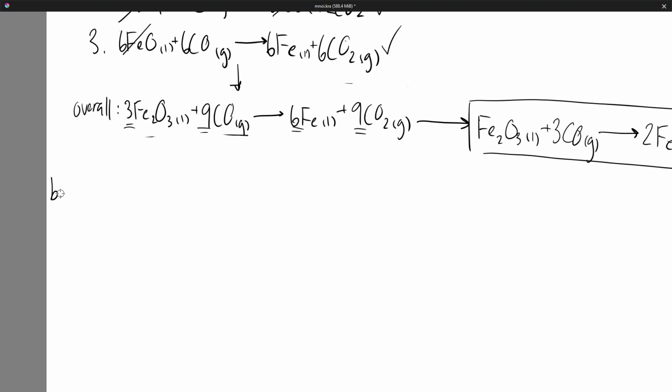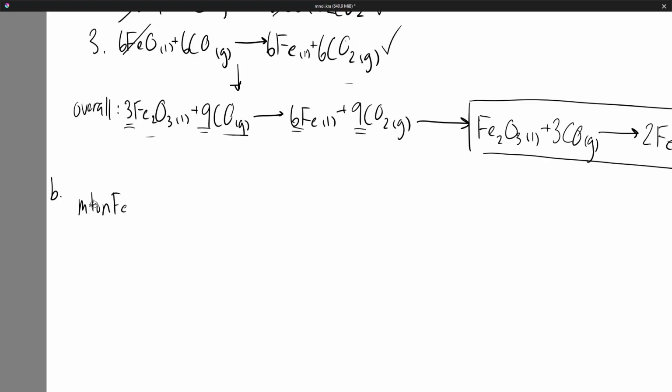So that question asks, how many grams of carbon monoxide are required to form 45.0 metric tons of iron from ferric oxide? So this is just a simple stoichiometry problem. So we're starting off with metric tons of iron.